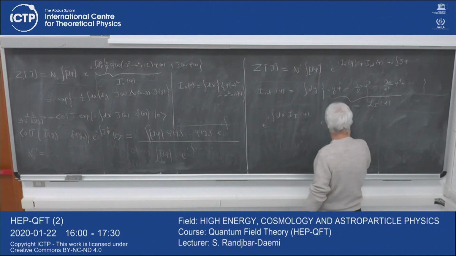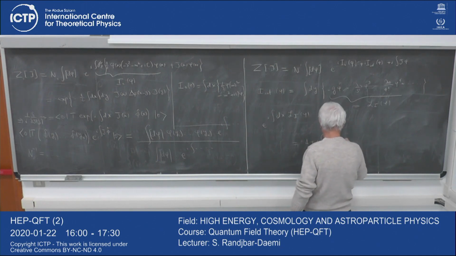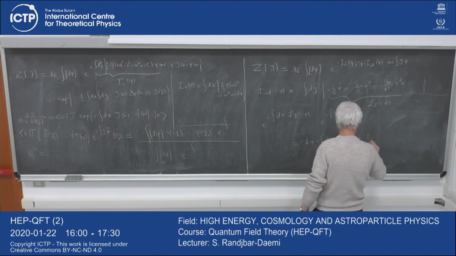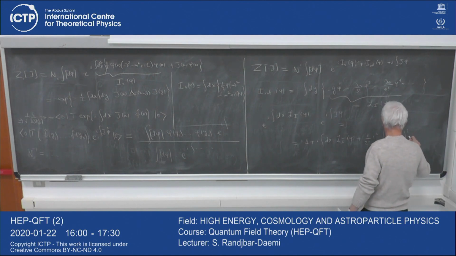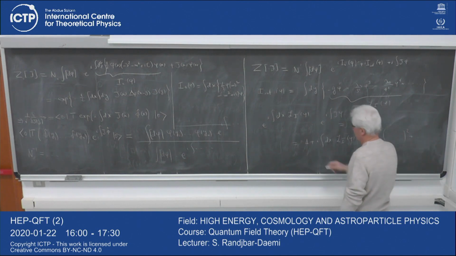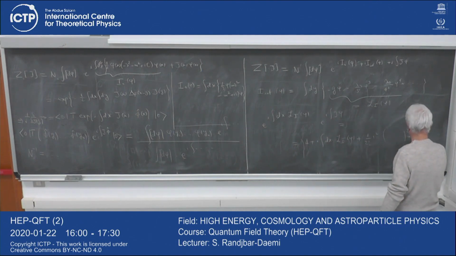Let's assume that we have expanded the first exponential. If you expand it, it will be 1 plus i integral dx L interaction plus 1 over 2 factorial i squared, the same thing to the power 2, plus dot dot dot. If you expand, you will get all these terms. And then we have this other term, exponential of i j phi, standing there.